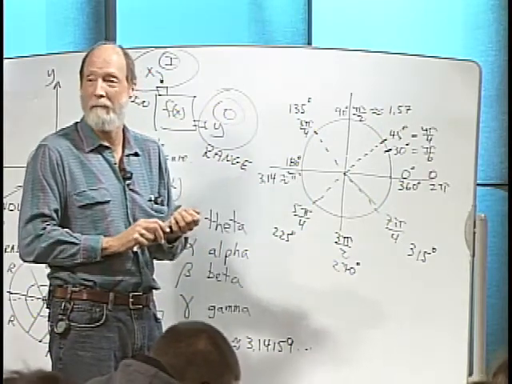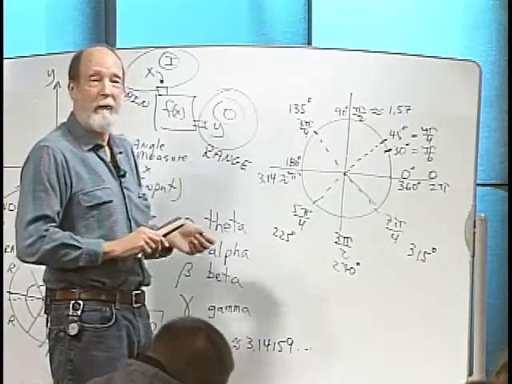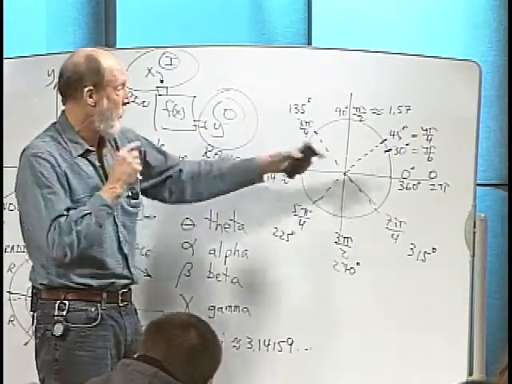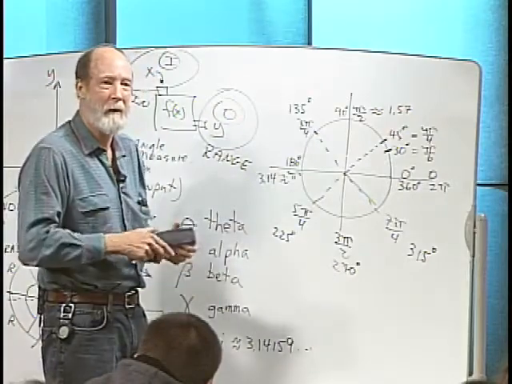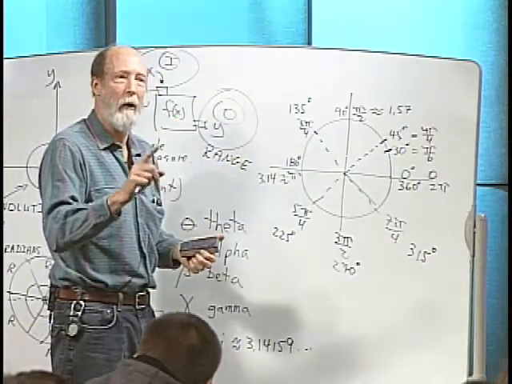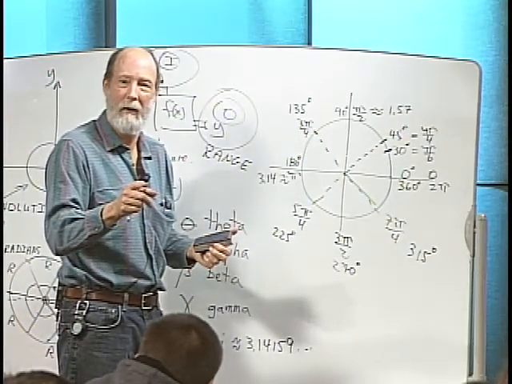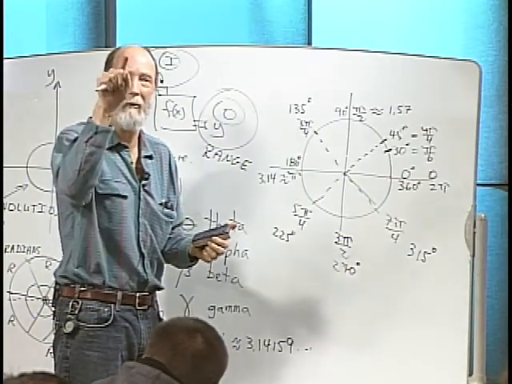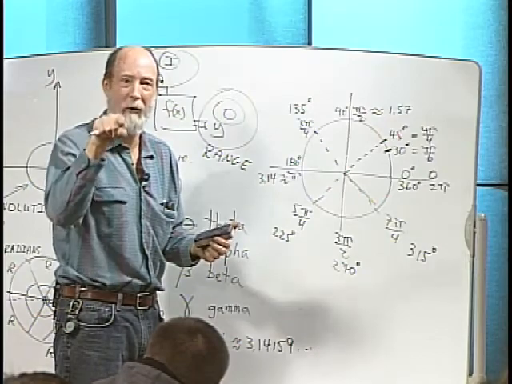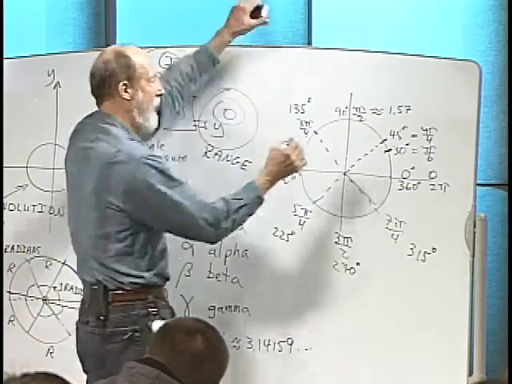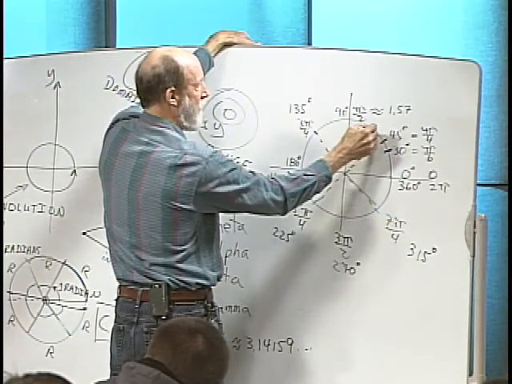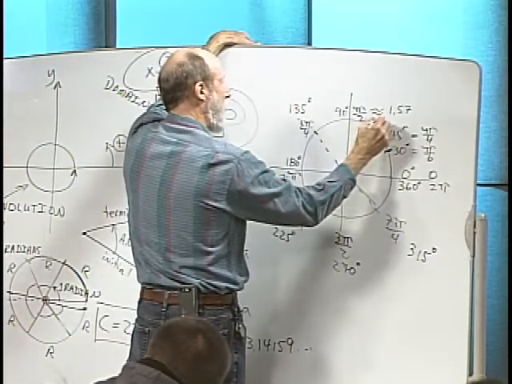Okay, good question. Okay, so let's start adding now pi over 6's together. There's 1 pi over 6. 2 pi over 6 reduces to what? Think of the fraction. 2/6. 2/6 is a third, isn't it? So a third of pi is going to be another pi over 6 added to pi over 6. So here's pi over 3.